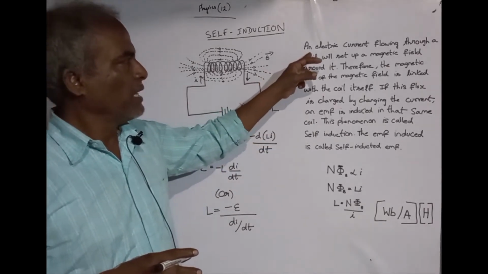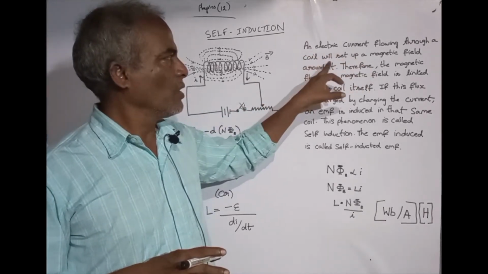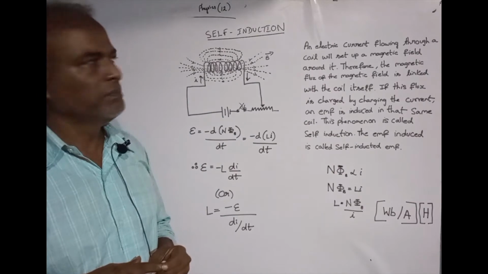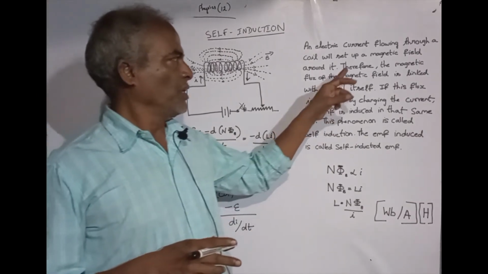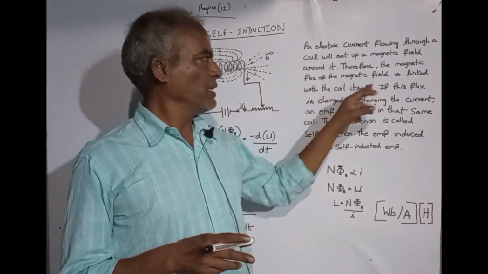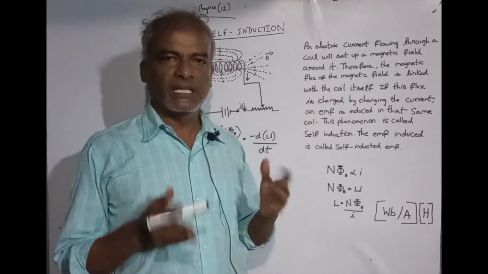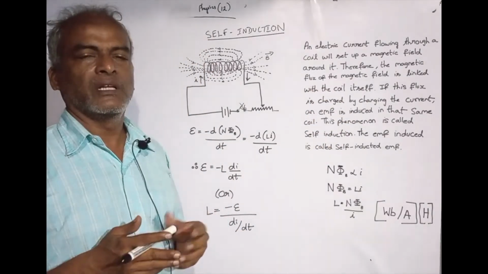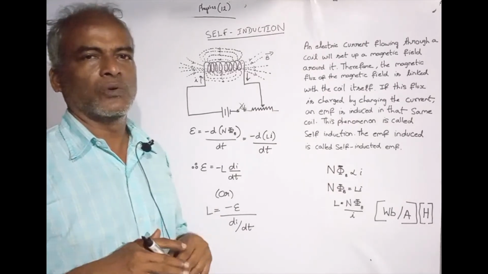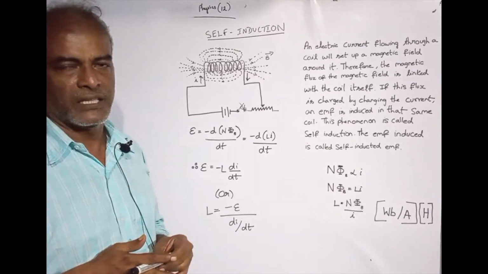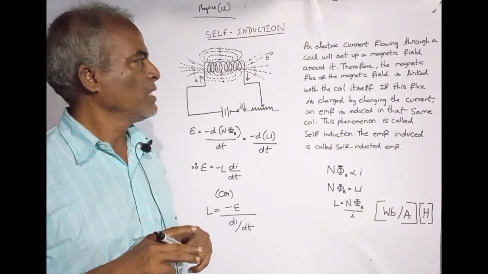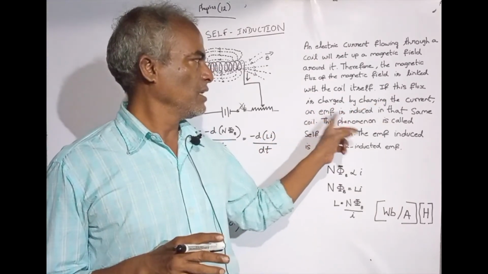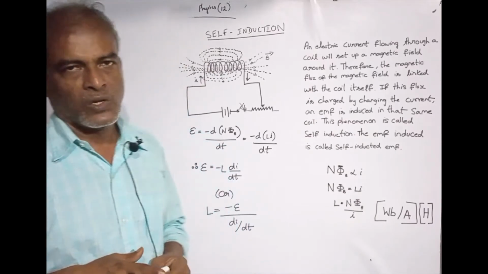So an electric current flowing through a coil will set up a magnetic field around it. This is the first point. Second, therefore, the magnetic flux of the magnetic field is linked with the coil itself. You don't have any other coil, only one coil. If this flux is changed by changing the current, an EMF is induced in the coil.